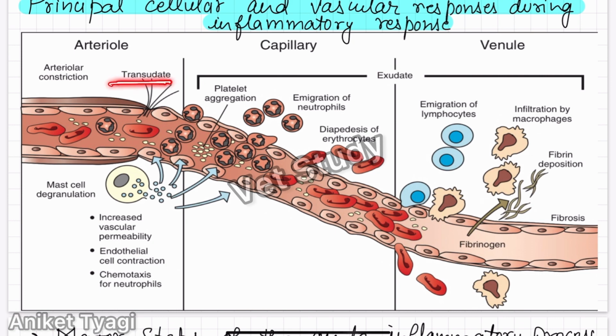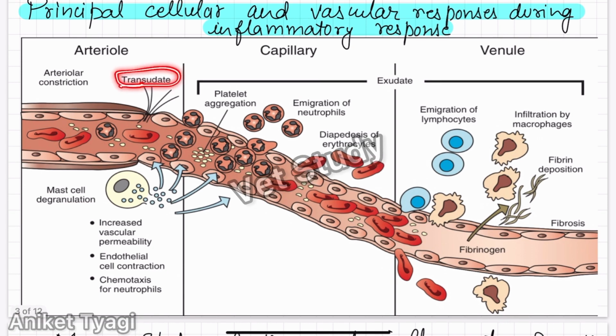The transudate will exit the blood. So what is transudate? Transudate is a fluid with minimum protein and cellular element. It is somewhat similar to plasma, but it has minimum protein and minimum cellular element, and it is essentially an electrolyte solution, right?